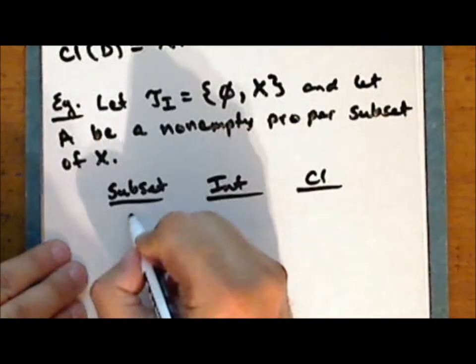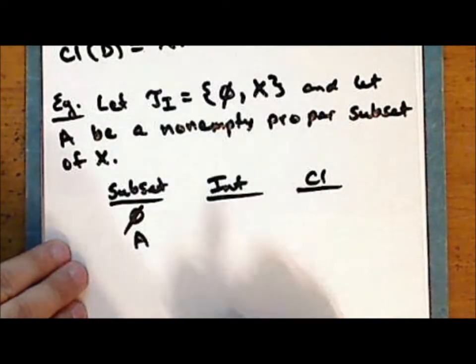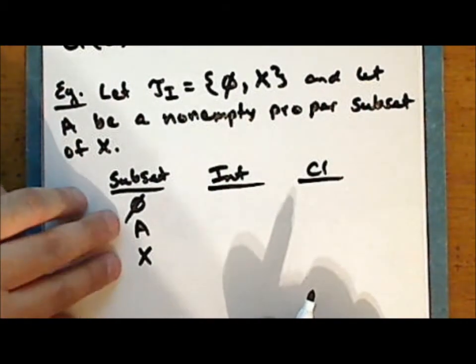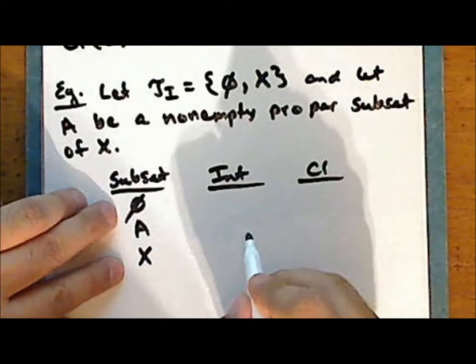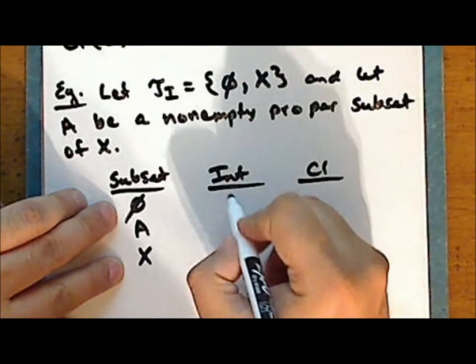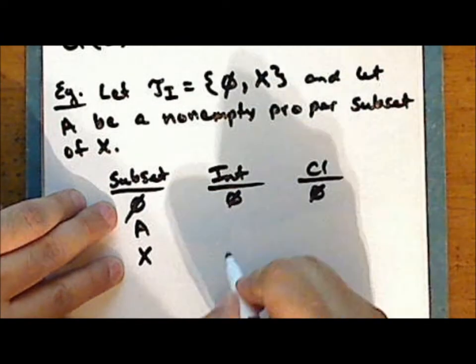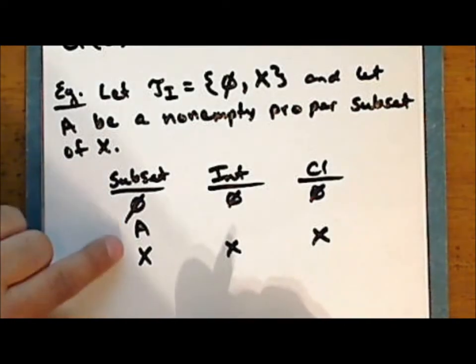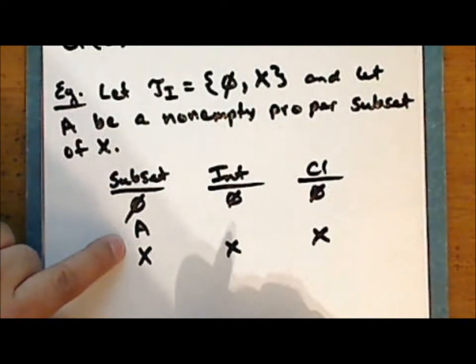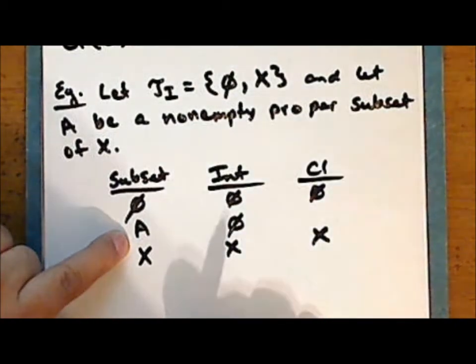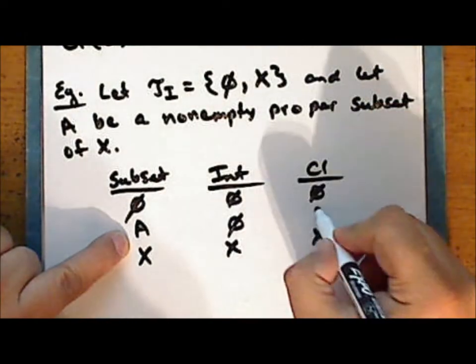So we look at the empty set, the non-empty proper subset, and the entire set. In any topological space, the empty set and the entire set are both open and closed, and so they are their own interior and closure. In the indiscrete topological space, any non-empty proper subset is neither open nor closed. The only open set contained in the set A is the empty set, and the only closed set containing the set A is the entire set.